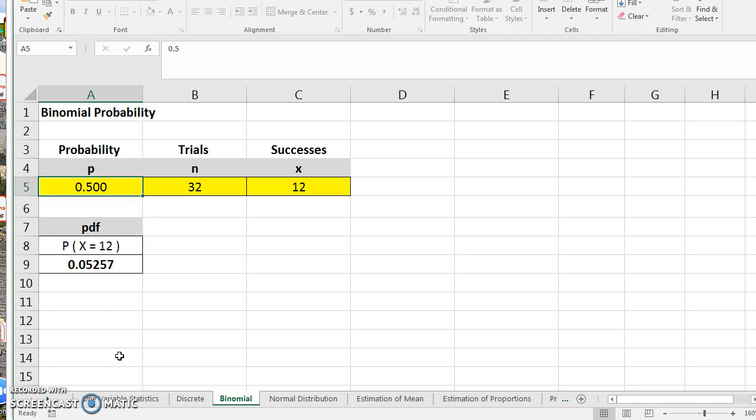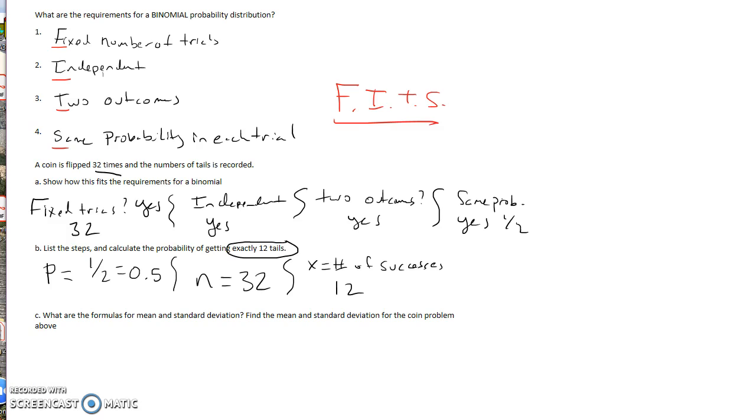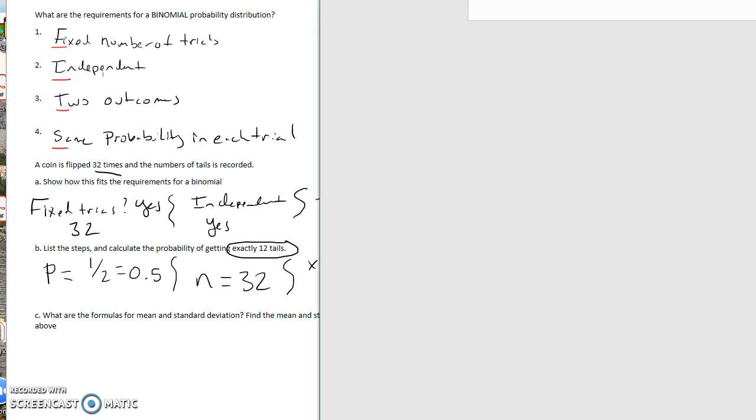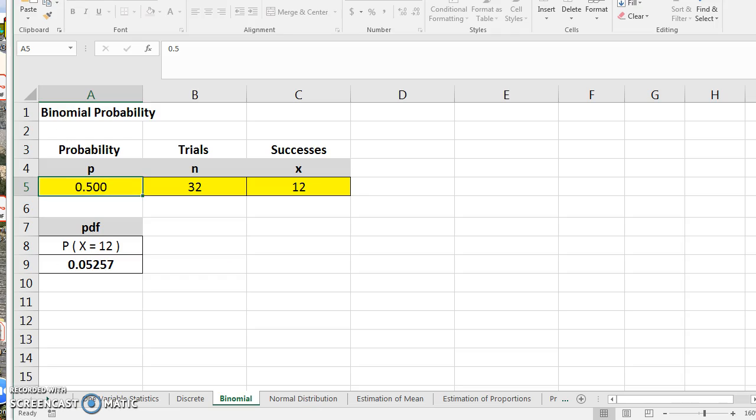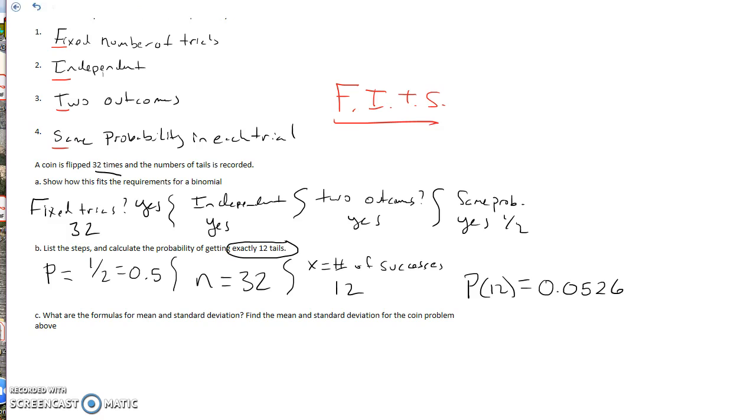Let's round this to 4 decimal places, so 0.0526. So the probability of getting exactly 12 tails is 0.0526. I think that I rounded that right. Let me double check. 0.0526. Good.